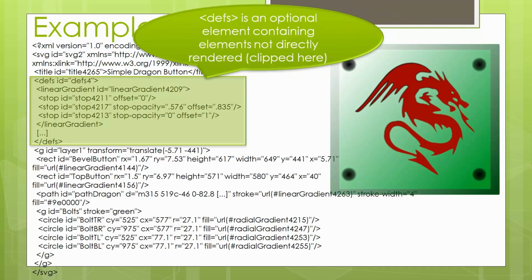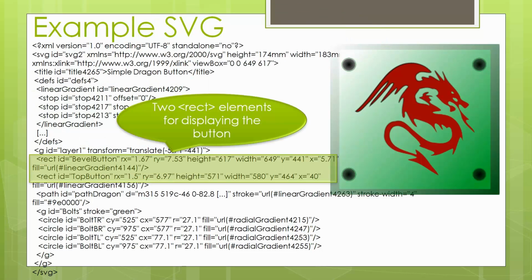Defs is an optional element for containing elements that aren't directly rendered, such as gradients and patterns. Here we see two rect elements, and these display the actual button. One is for the bevel in the background, and one is for the button face.